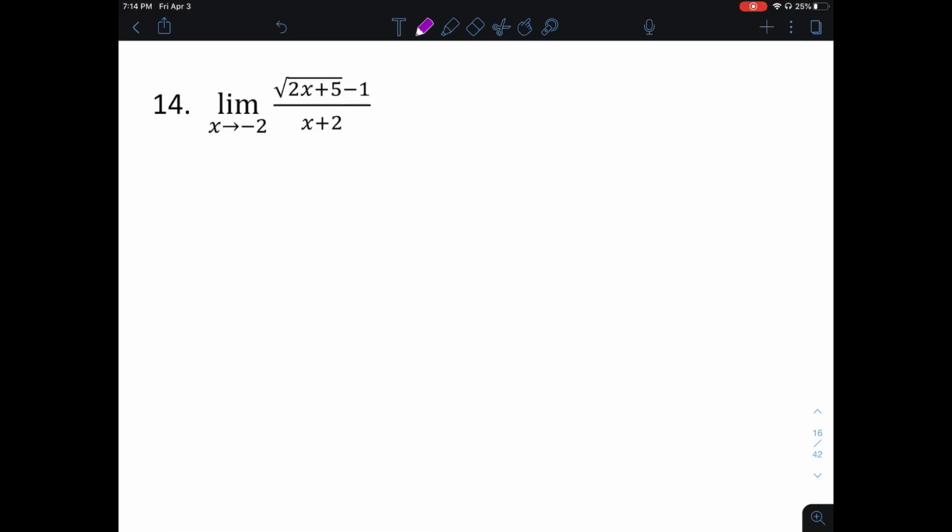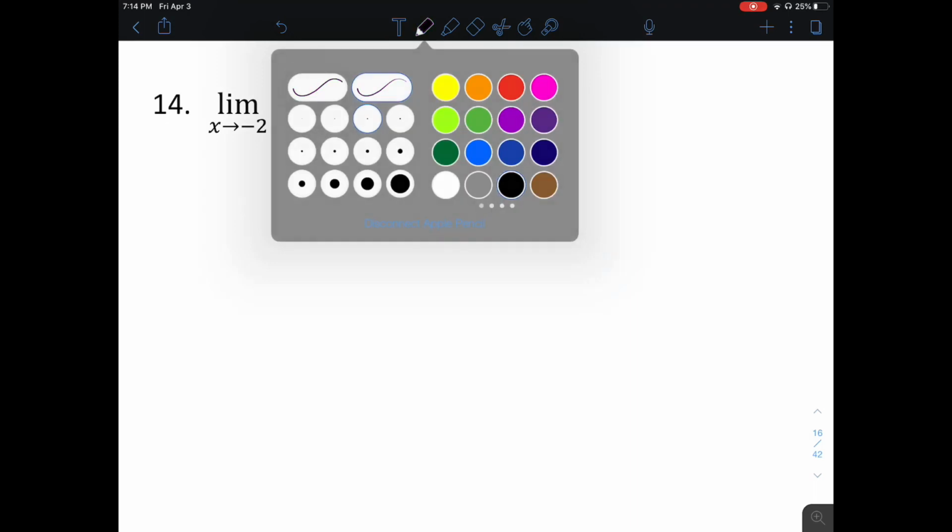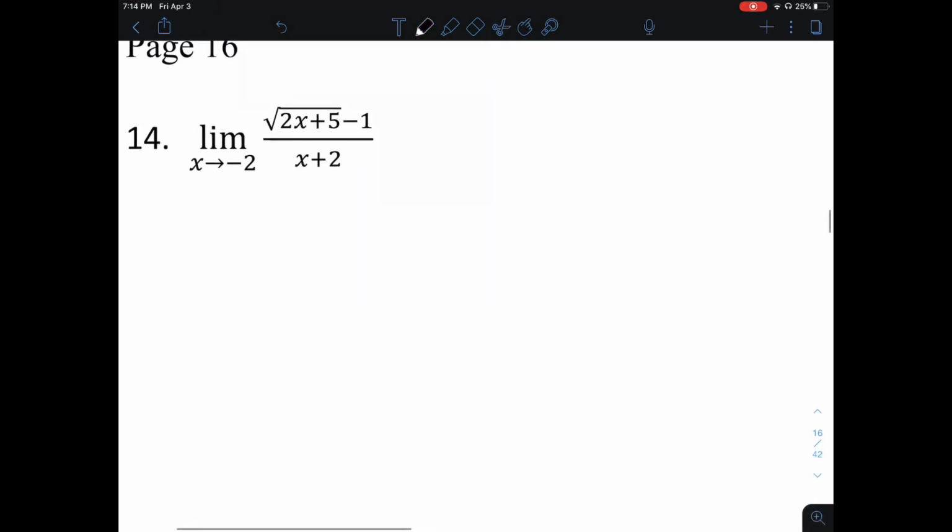If we try to find this limit directly, horrible, painstaking, awful things are going to happen because our denominator is going to be 0, which makes this undefined. So what do? We multiply this by 1 in the form of the conjugate of the binomial in the top, that radical.